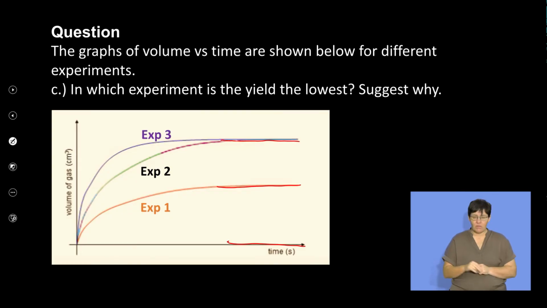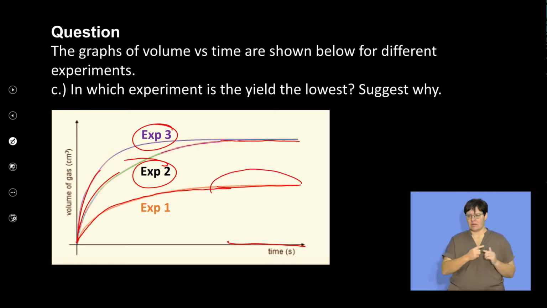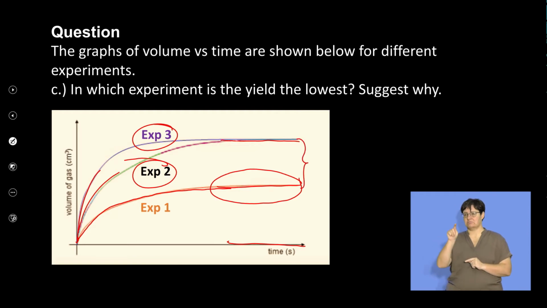In experiment 3 and experiment 2, you can see the same amount of reactant has been put in. But for experiment 1, less reactant was put in, and it has a lower yield than experiment 2 and experiment 3. So why would I say it's a lower yield? For experiment 1, I can see that there is less reactant that reacted over the time.